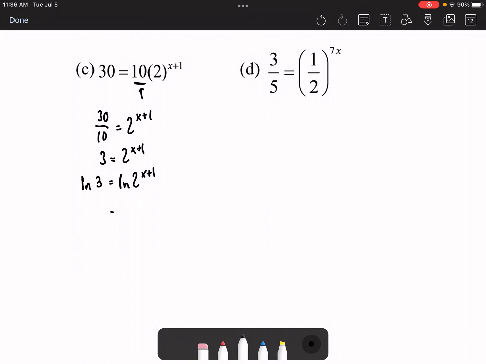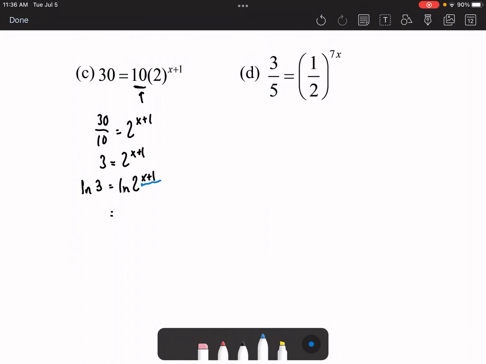Now using our logarithmic properties again, we can take this x plus 1 that we have here as an exponent, bring it down in front as a multiplication to ln 2. Now to get x plus 1 by itself, I'm going to divide both sides by ln 2.